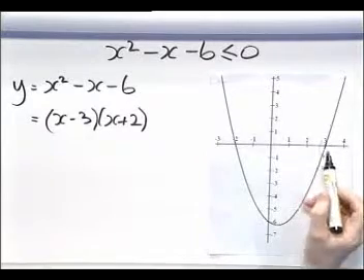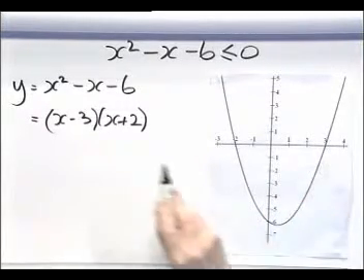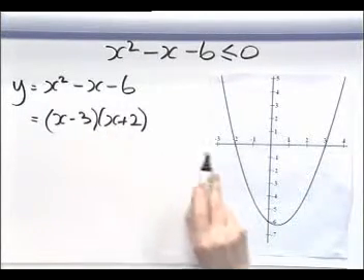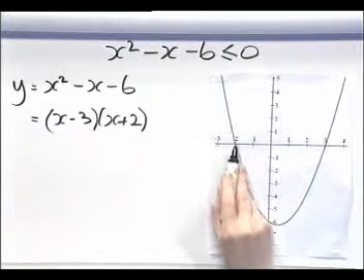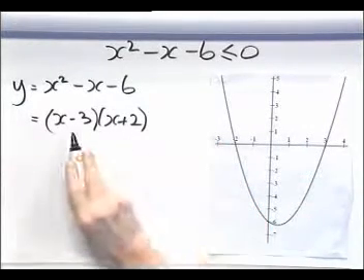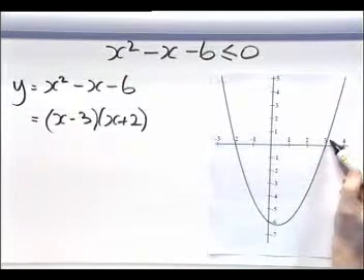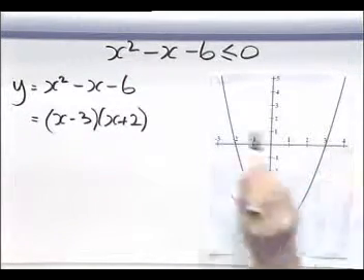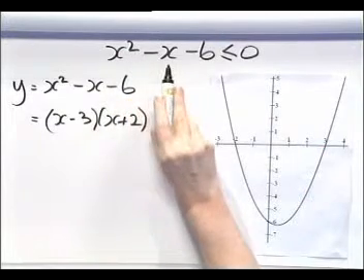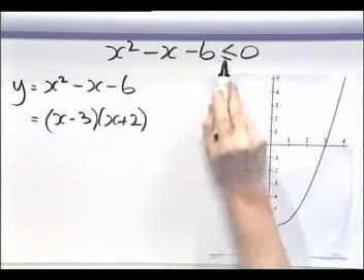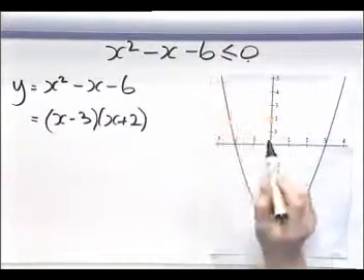Similar to the previous graph, we have the factor x plus 2, so the curve crosses at x equals minus 2. And for the factor x minus 3, the curve crosses at x equals 3. And we're looking for where x squared minus x minus 6 is less than or equal to 0.